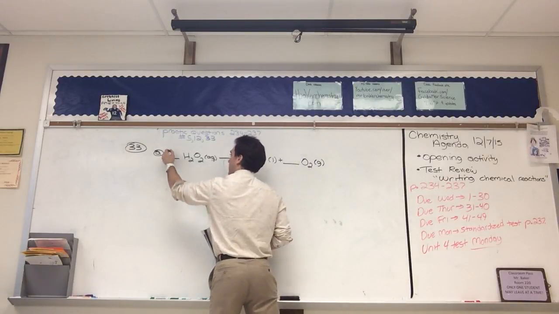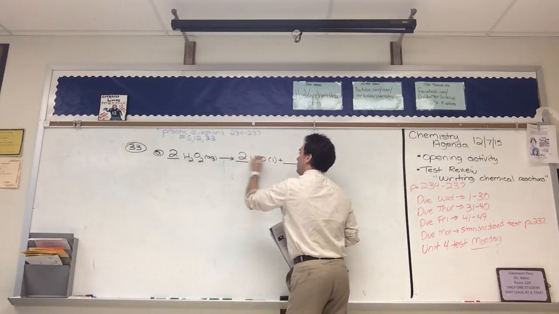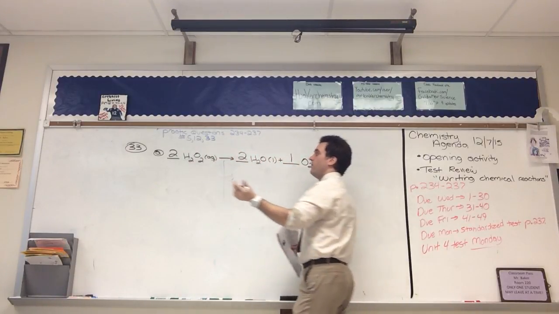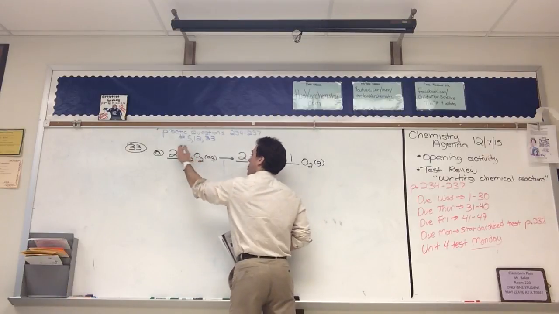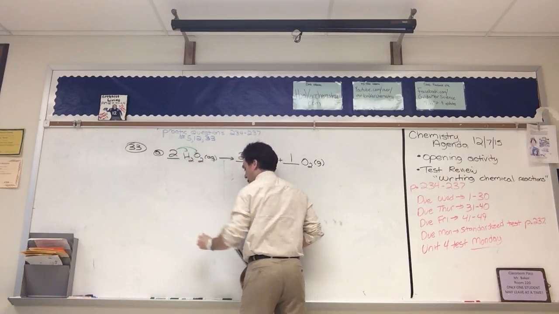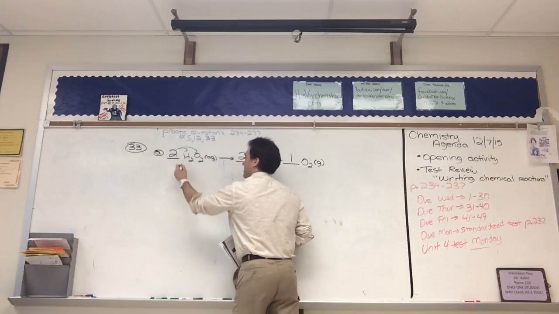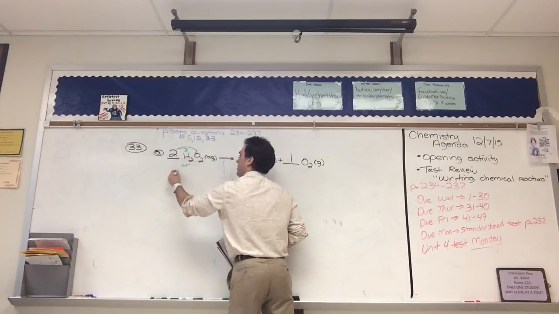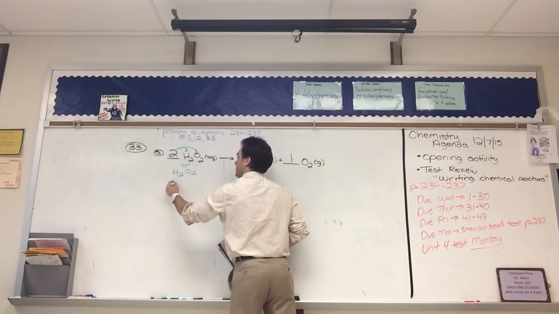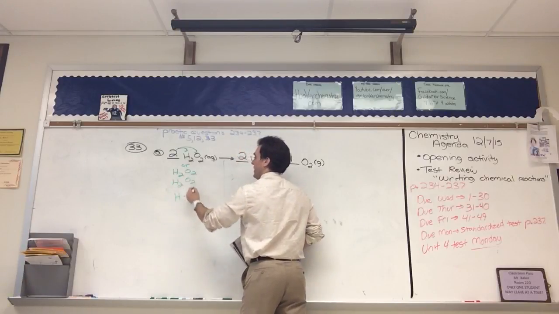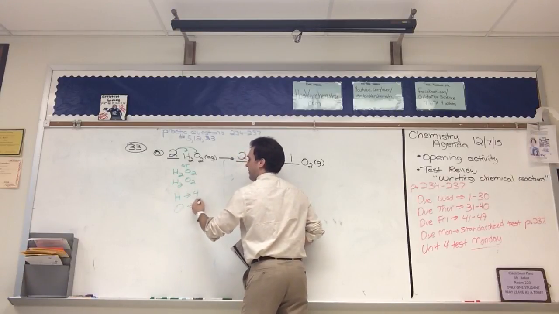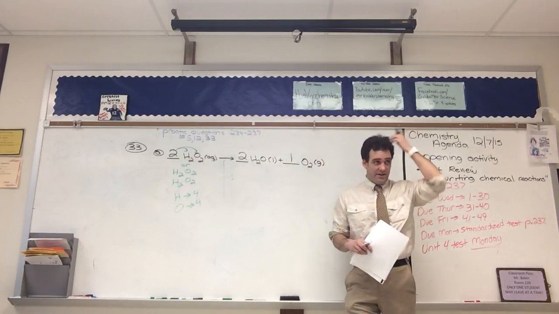So now if we put 2, 2, 1, we now have, so remember this distributes. Or this is also saying 2 H2Os, O2s. Technically it's saying that. So now hydrogens, we got 4. Oxygens, we got 4. Does that make sense? You good?